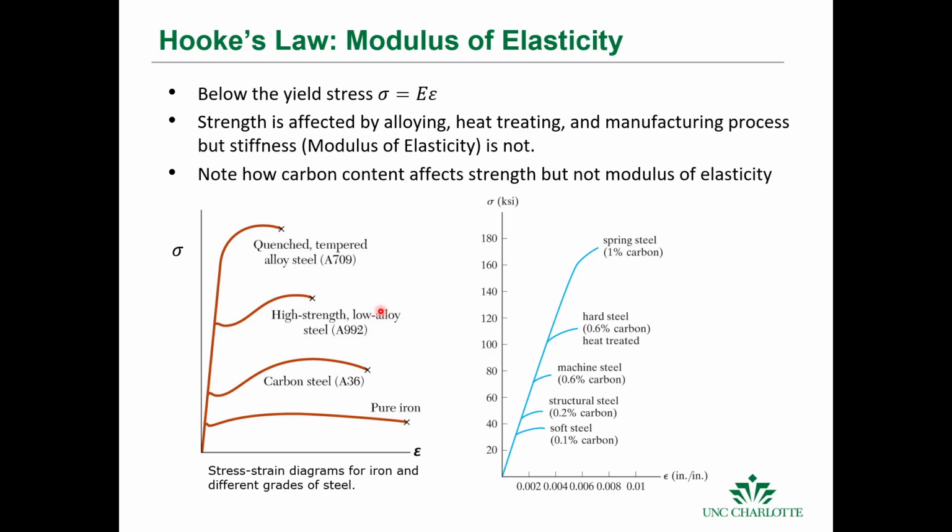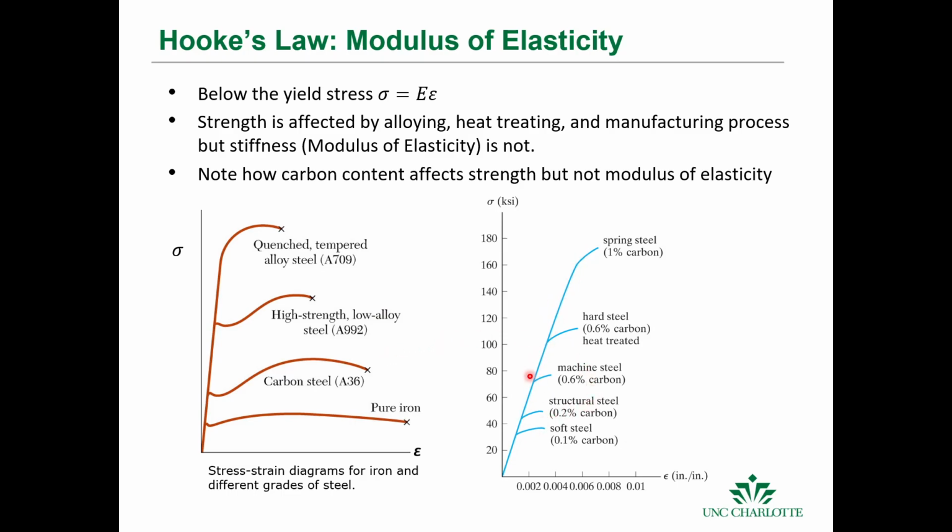Now, what's fascinating is that even if we alloy or heat treat different steels, the Young's modulus stays the same. If we take different steels that have different carbon percentages, we can create stronger alloys, stronger steels, as you can see here.